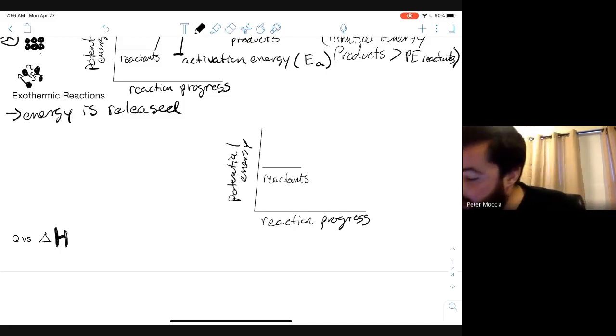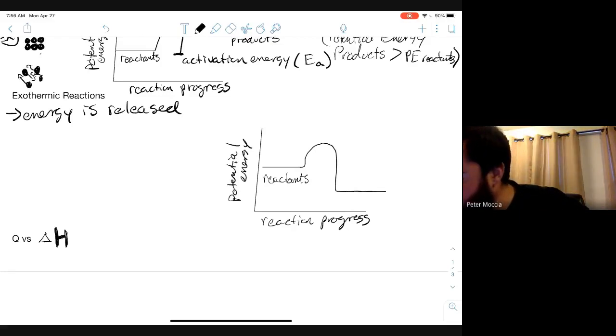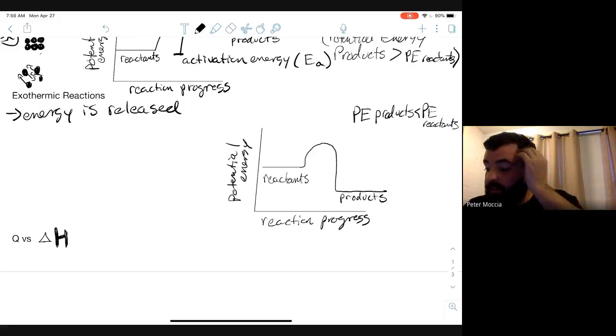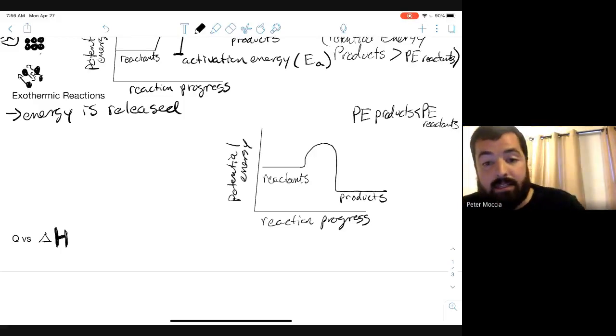You still have an activation energy that this reaction needs to overcome, but then at the end, you are going to see that the potential energy of the products is actually less than the potential energy of the reactants. Okay, so energy is released.